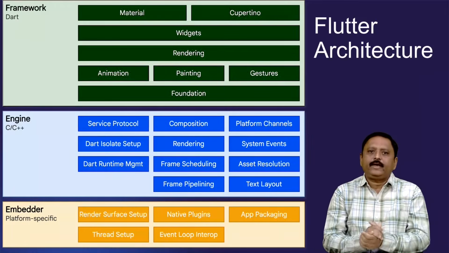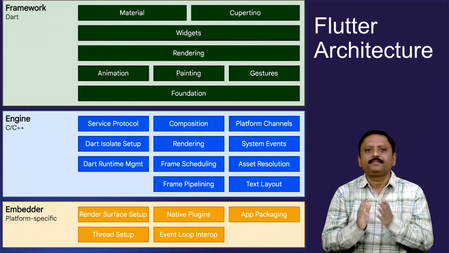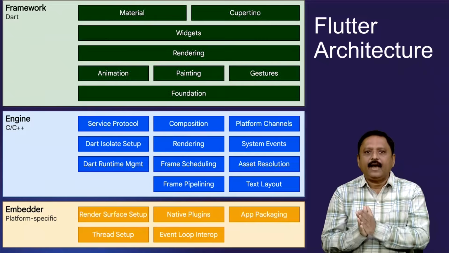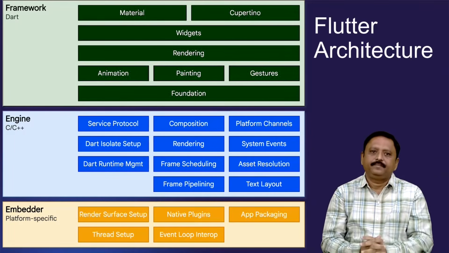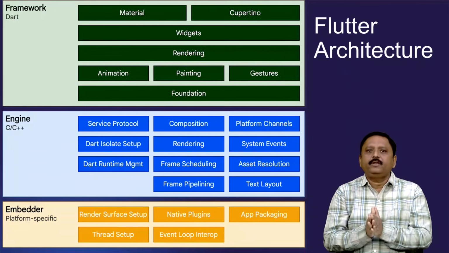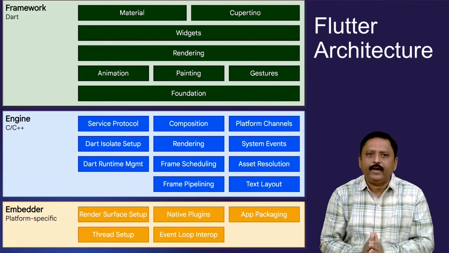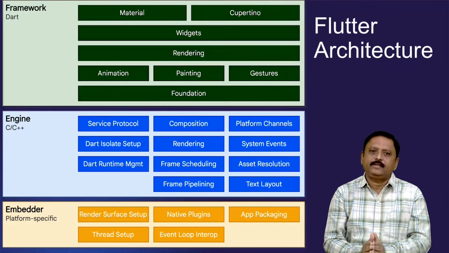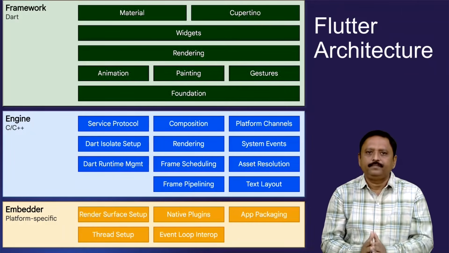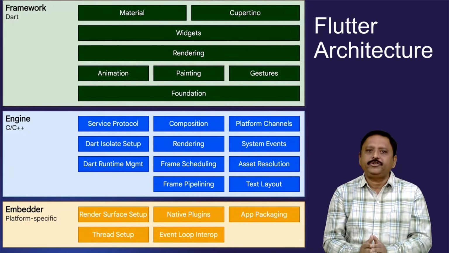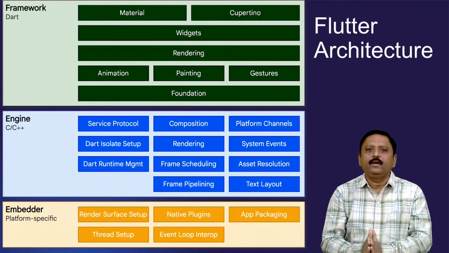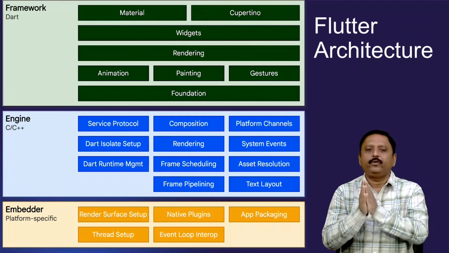Each render object in the rendering layer has a corresponding class in the widgets layer that you can see on the screen. In addition, the widgets layer allows you to define combinations of classes that you can reuse. This is the layer at which the reactive programming model is introduced.